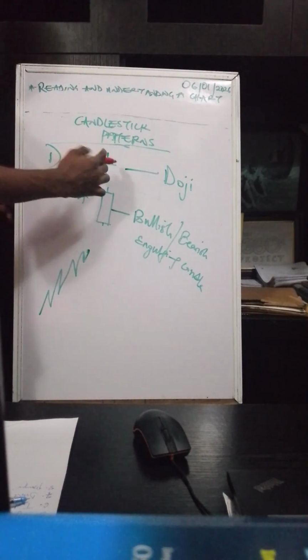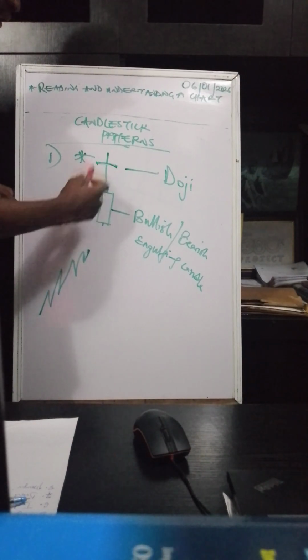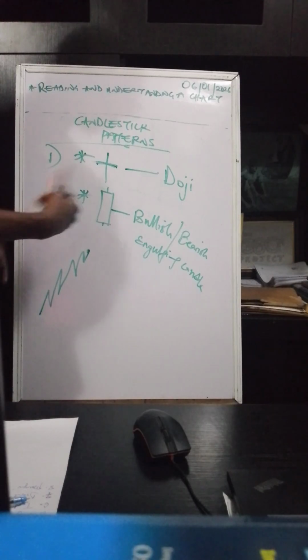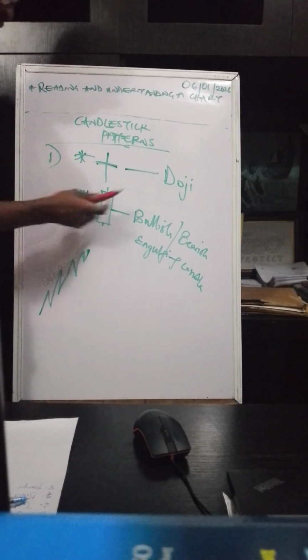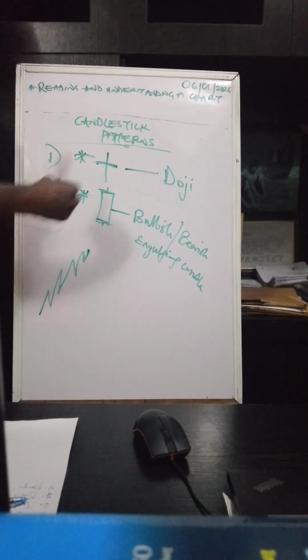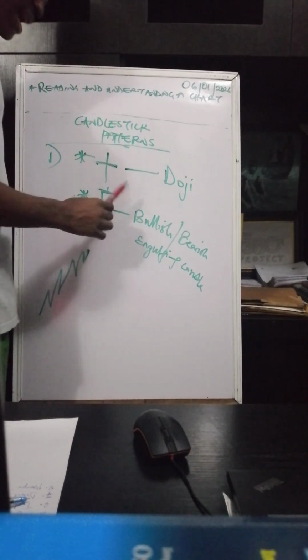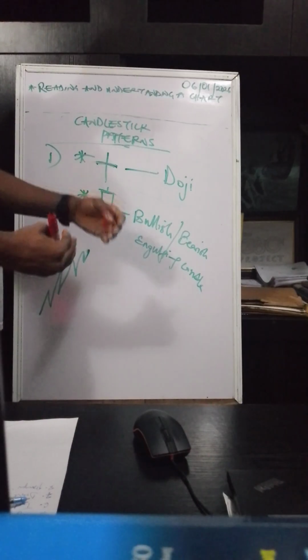If you look at this candle, you can see the body is so small. That means that the open and the close are very, very similar. Unlike this bearish engulfing candle, where the open and the close are far away from each other. So that means there was movement in price, but it just states that there was indecision.